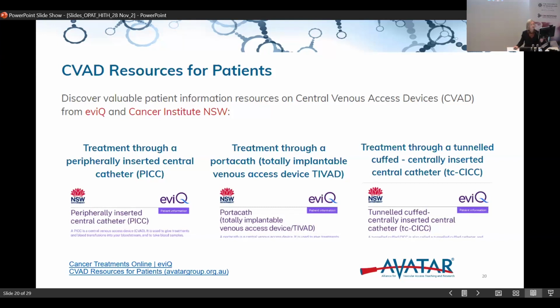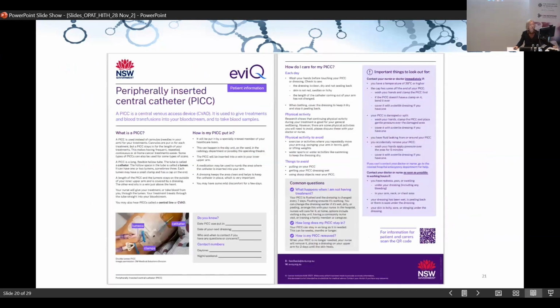These are some examples of this sort of patient literature, and we've got these linked in AVATAR as well. So you can go through either site, looking at how the devices are inserted, treatment through the devices and what to do with them. So great literature within that.